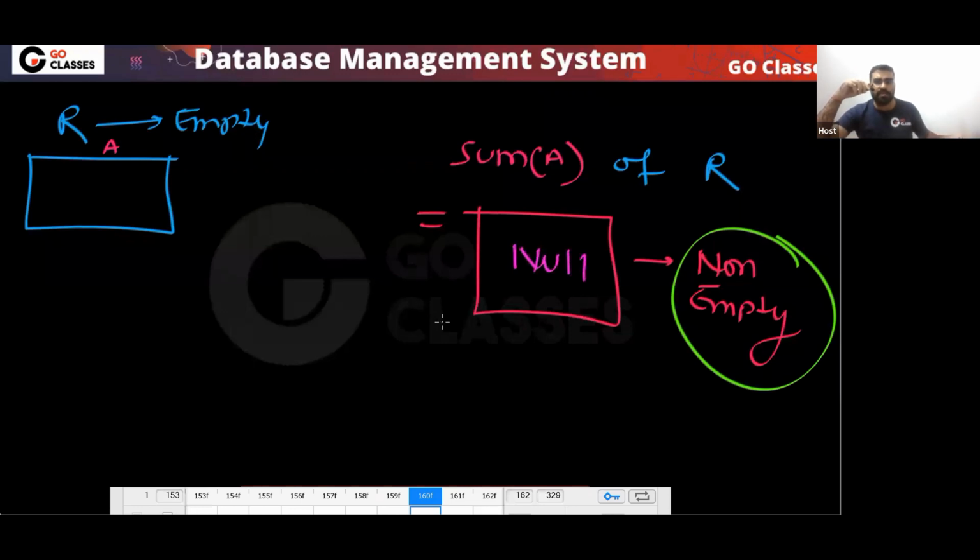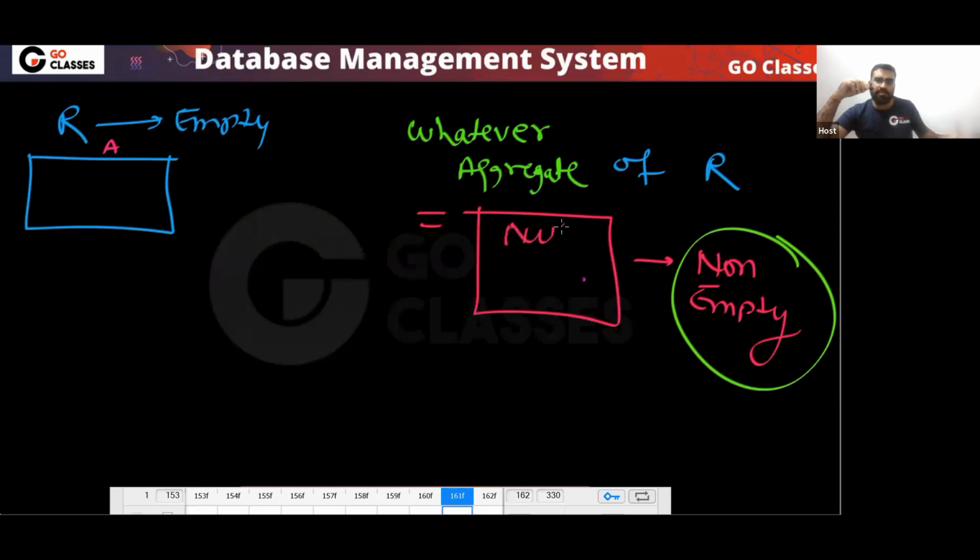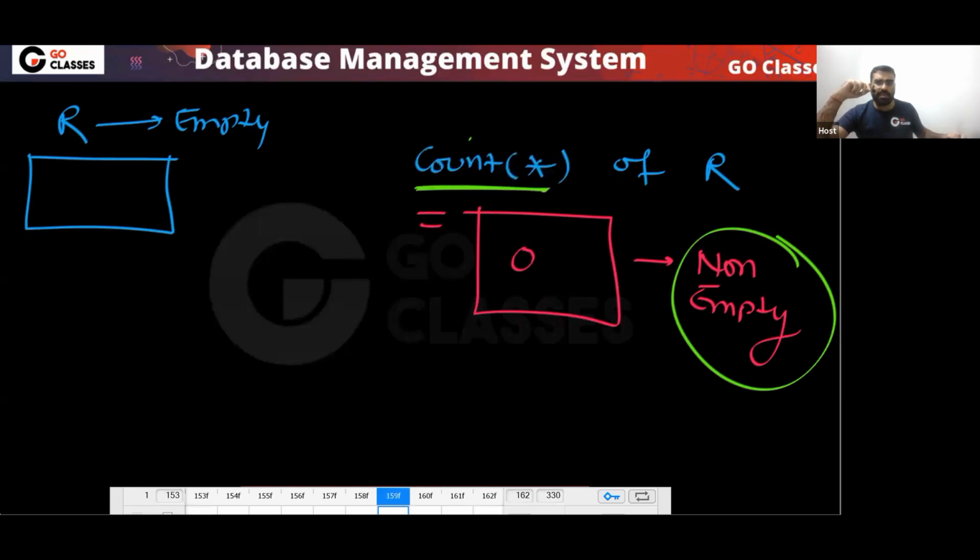Whatever aggregate function I have, either you will get null or you will get zero, but it will be non-empty. Is this clear to everyone? You can never get empty, right?